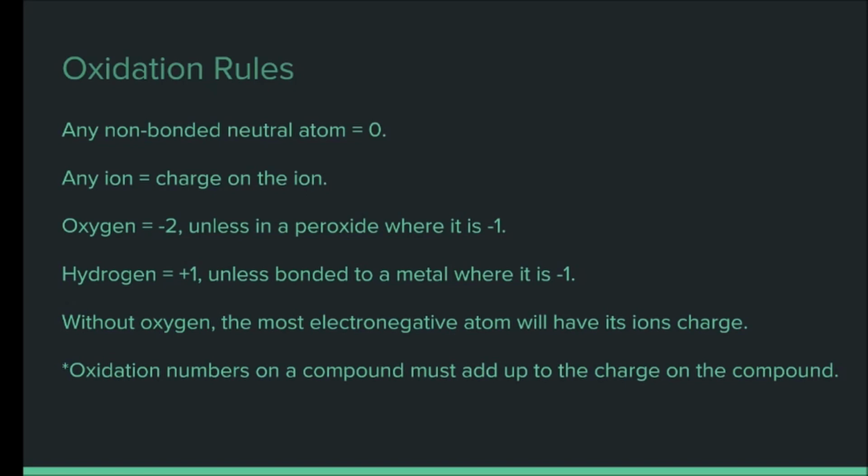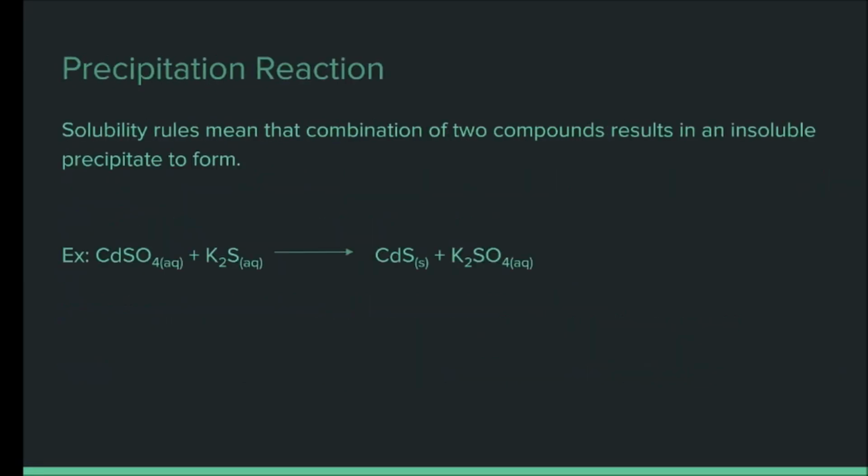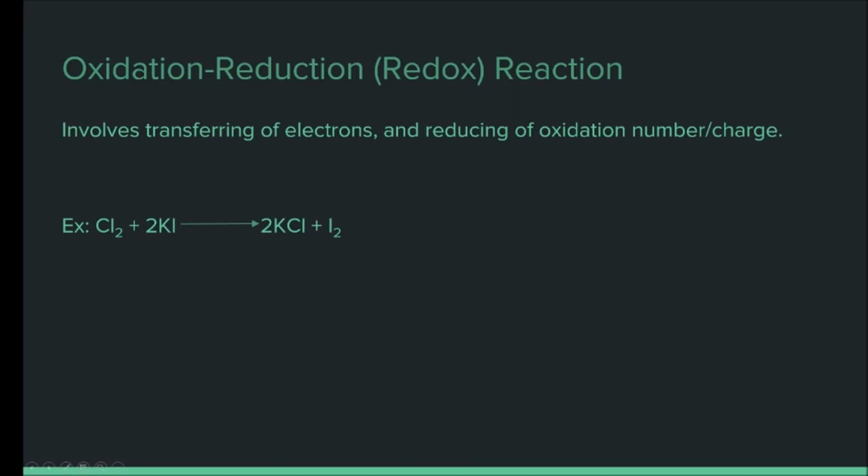So we're going to go into redox equations as an example. An example of a redox reaction is one that I have given back here: Cl2, chlorine, plus potassium iodide goes into potassium chloride and iodine.